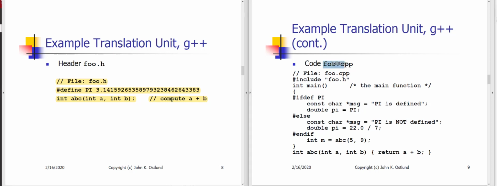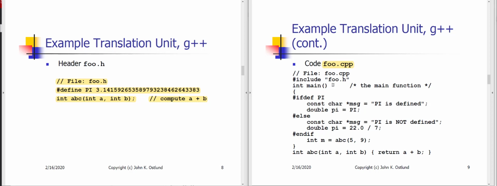In this code file, foo.cpp, these are the lines of code that exist. The first line is a comment line. The second line is an include of foo.h. So literally, when the preprocessor gets to this pound include, that line, pound include of foo.h, is replaced by these 3 lines: the comment, the pound define of pi, and the declaration of ABC.